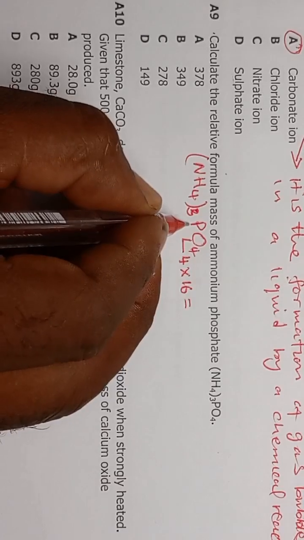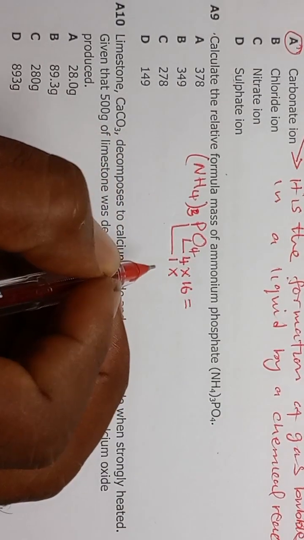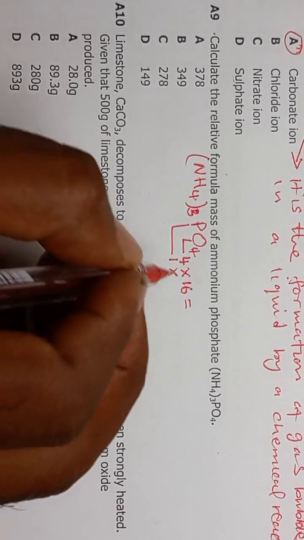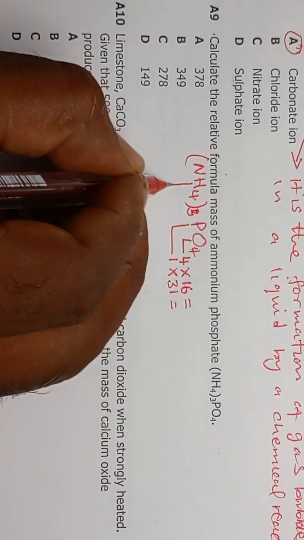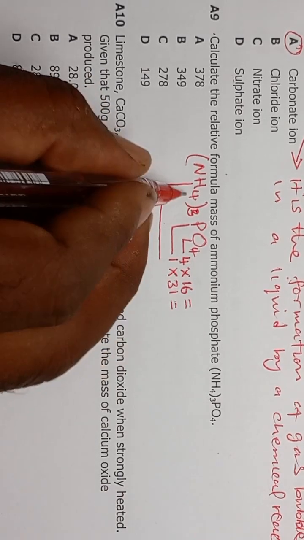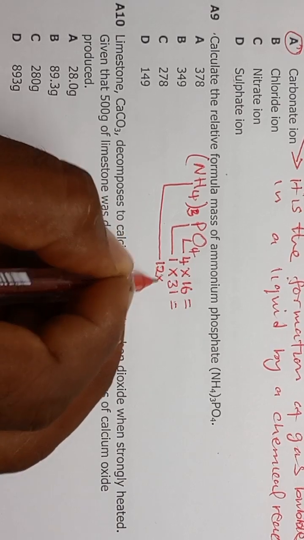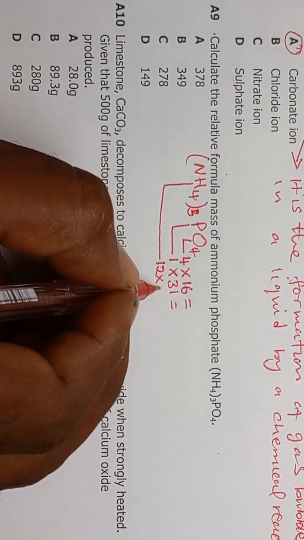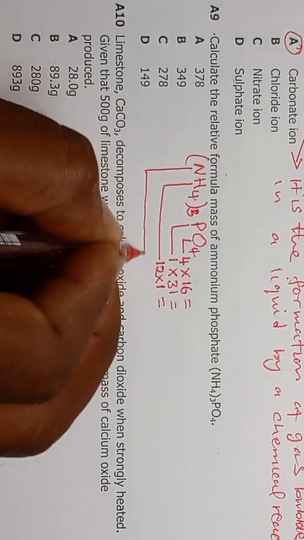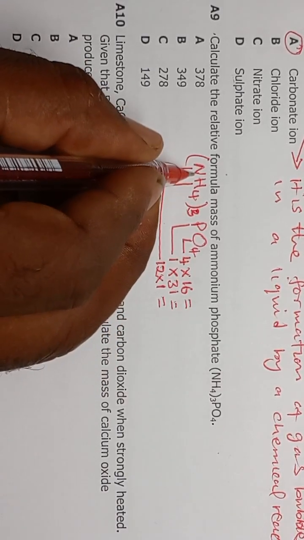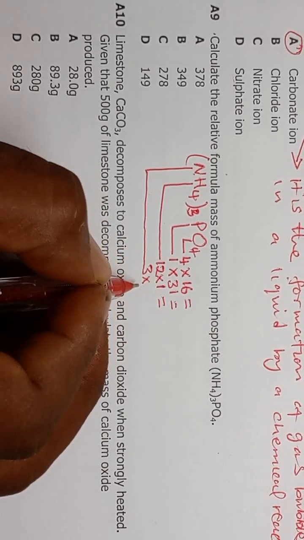Then we have phosphorus. We have 1 atom of phosphorus times the relative atomic mass of phosphorus, which is 31. Then we have 4 times 3, so 12 atoms of hydrogen. The relative atomic mass of hydrogen is 1. Then we have 3 atoms of nitrogen.